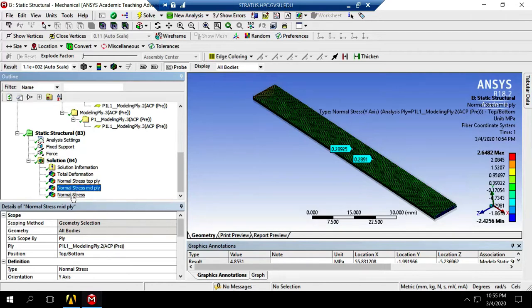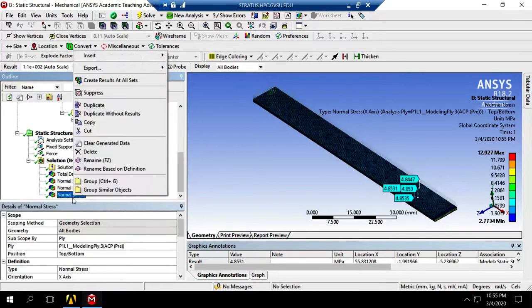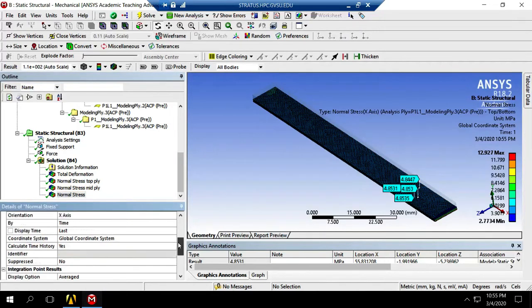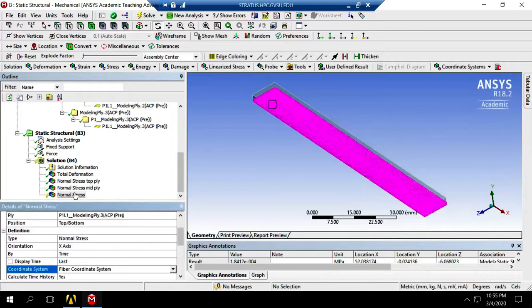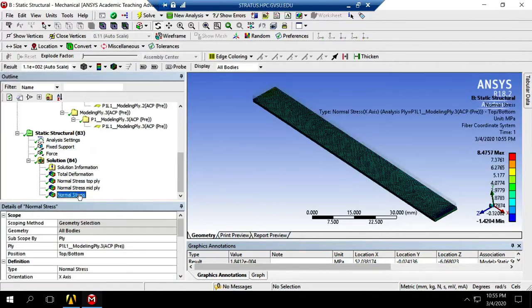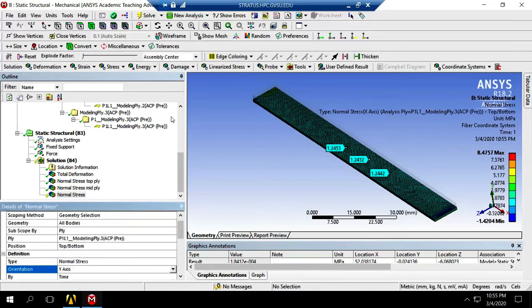So this was the mid layer, and for the bottom layer, again, let's look at longitudinal and transverse stresses. Okay, stresses, you can see this is longitudinal and transverse.